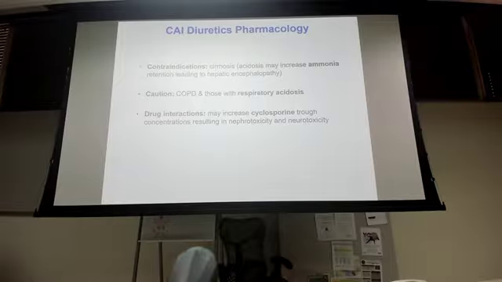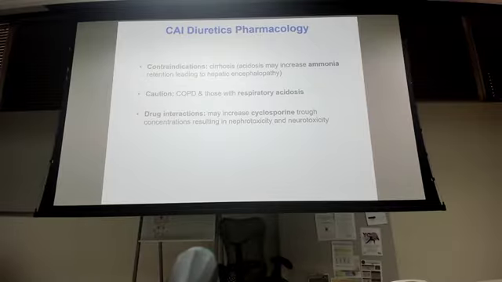We're going to use CAIs with caution in patients with COPD or respiratory acidosis. Why? Because it causes metabolic acidosis, so we don't want to give them metabolic and respiratory acidosis together, because they rely on a compensatory mechanism to maintain pH. That's the why, but you're not going to be tested on it. You will be tested on CAIs, not how the cirrhosis is going to cause hepatic encephalopathy with a CAI on board.